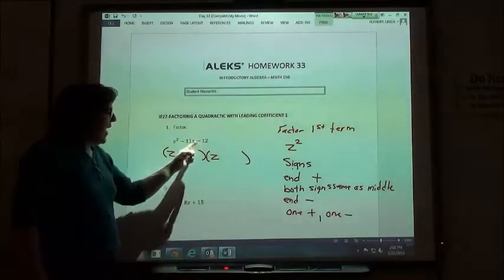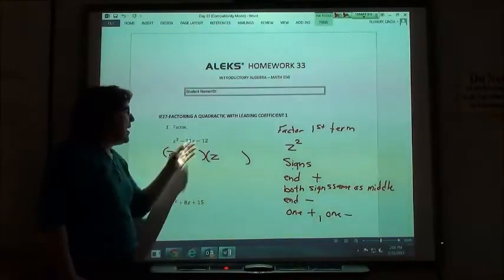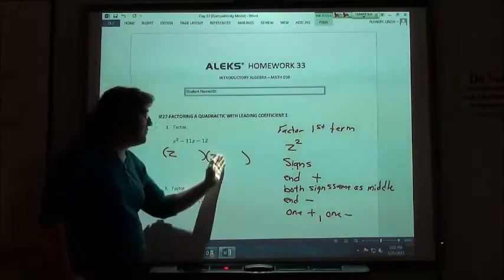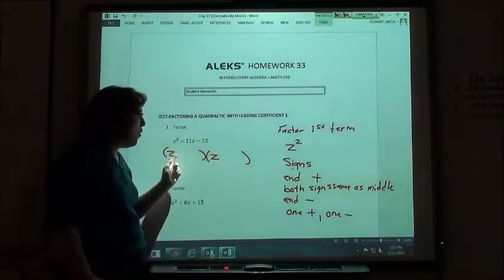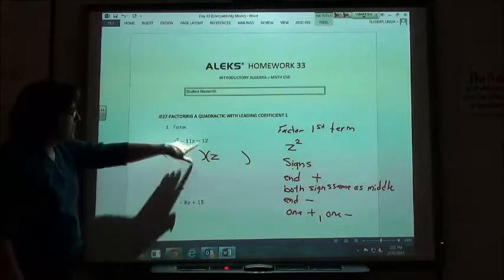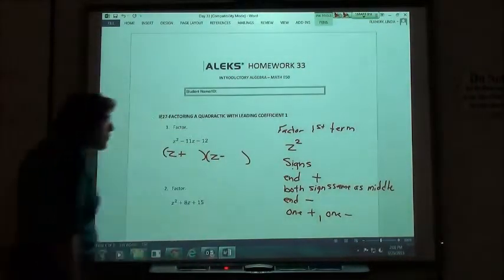So the end sign came from multiplying the 2 end numbers together. If it's a negative, I have to have a positive times a negative. If it would be a positive, it either has to be a positive times a positive or a negative times a negative. So in this case, my end sign is negative. I know I'm going to have 1 plus and 1 minus.